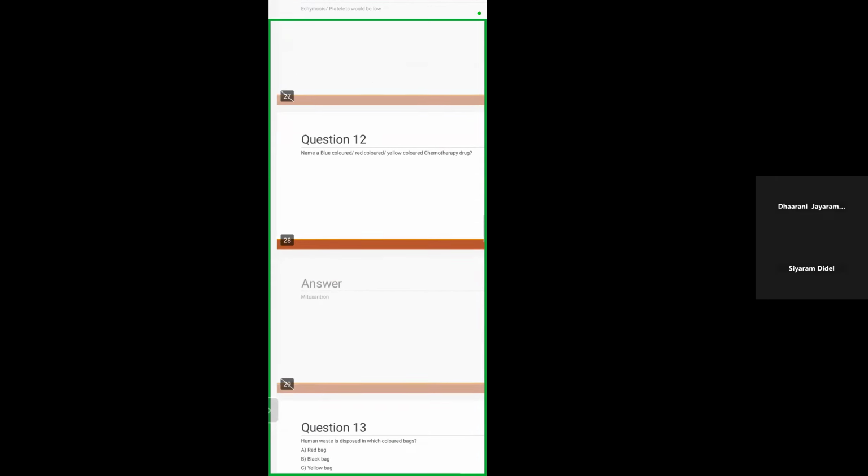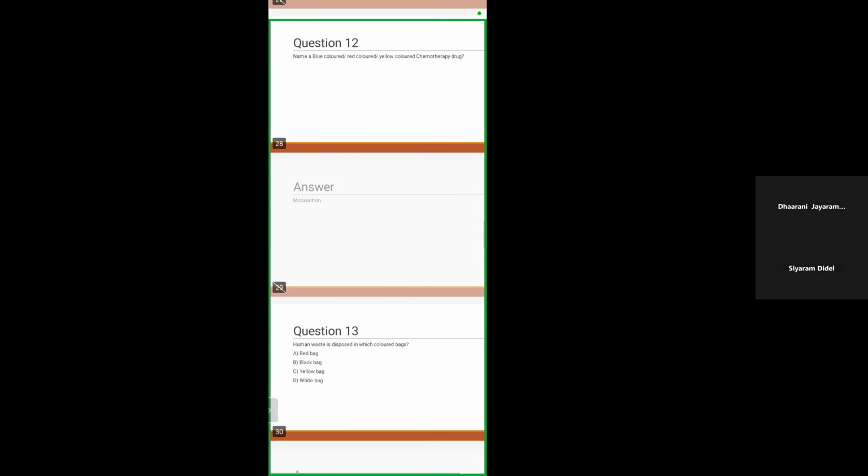So this you must be knowing better than me. Human waste disposal in which bag? In fact, I ask sisters every day where to put it. So yellow bag is the answer. Yes, correct. Yellow bag is the right answer.